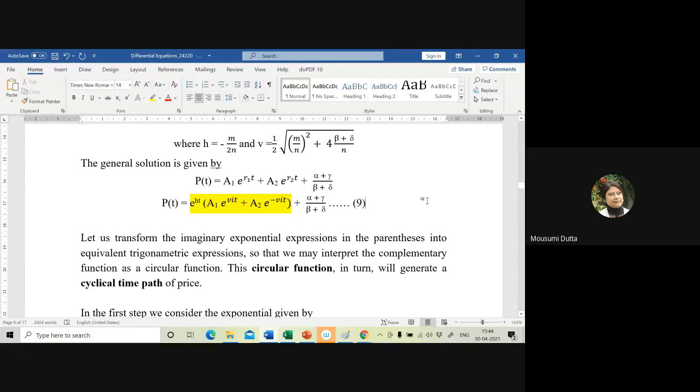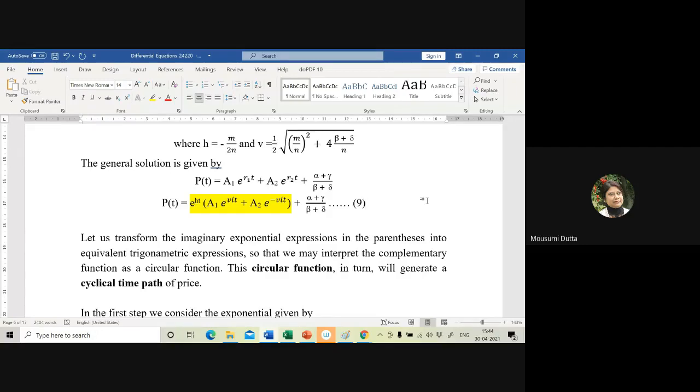Everybody, are you understanding this statement? If this yellow part tends towards 0, then the time path will be convergent. Yes, ma'am. Okay, because the second part is nothing but the equilibrium value of price.